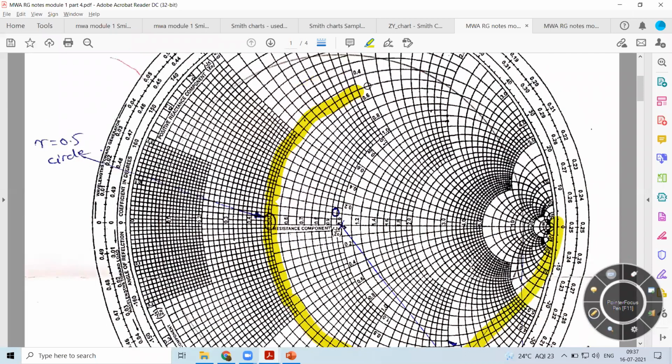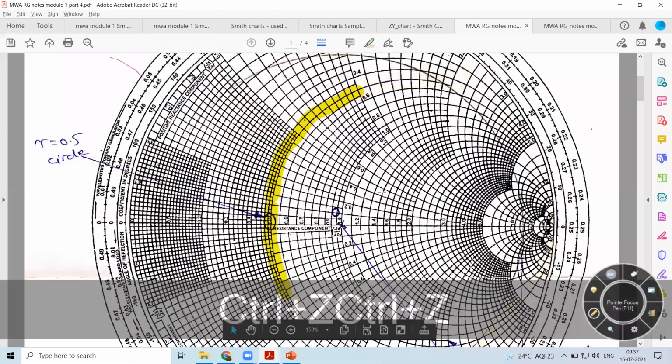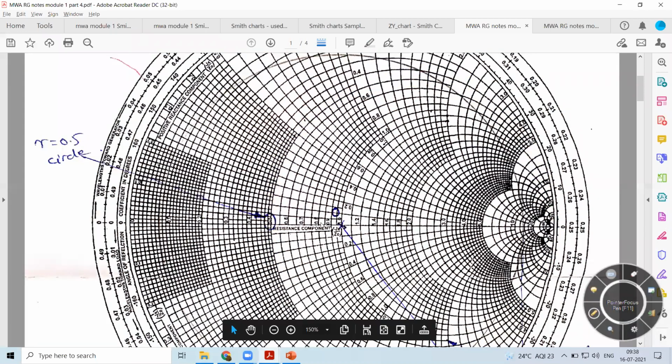This is the resistive circle associated with R equal to 0.5. So this is the point we have obtained, and this entire thing we have got as the circle.